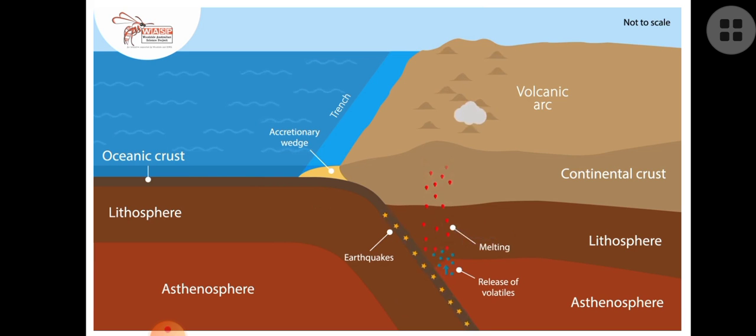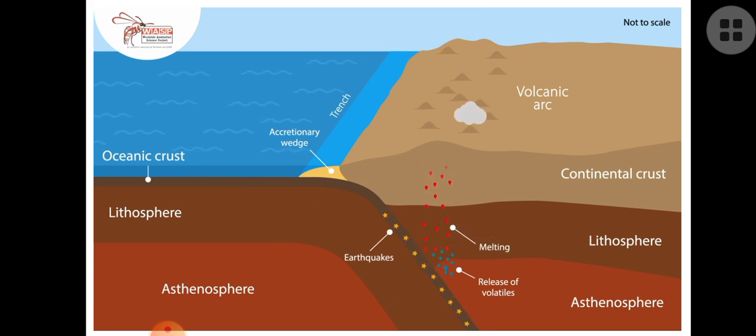Here we saw different lithospheres: one oceanic crust and another continental crust. But sometimes when two continental crusts collide or meet each other, it forms mountains. Here it doesn't form a mountain because only one tectonic plate is continental.